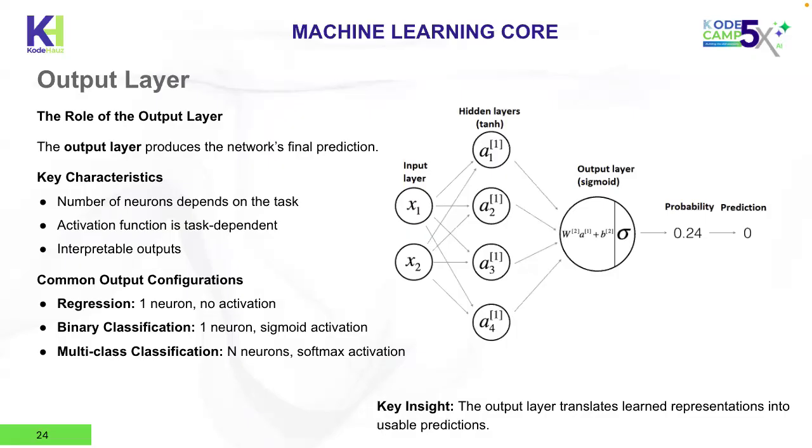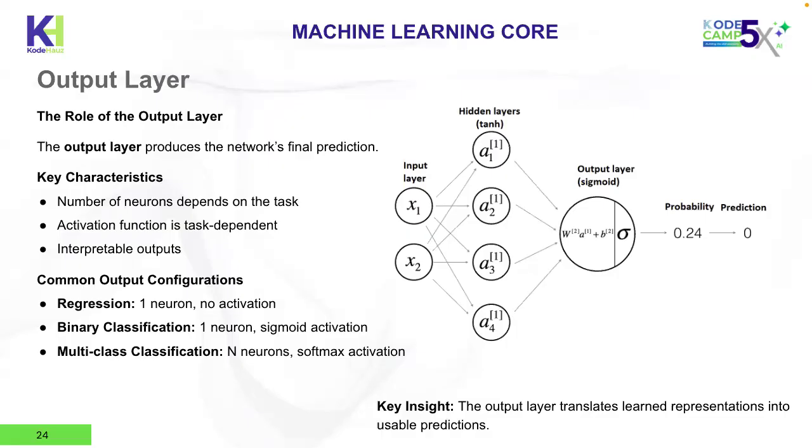That is multi-class. Then for a regression problem, if you want to predict only a single value, then you have a single neuron. If you want to predict multiple values, then you have n neurons that match the number of values. And the main thing is that, like I said, the activation function is task dependent, and the output has to be interpretable.